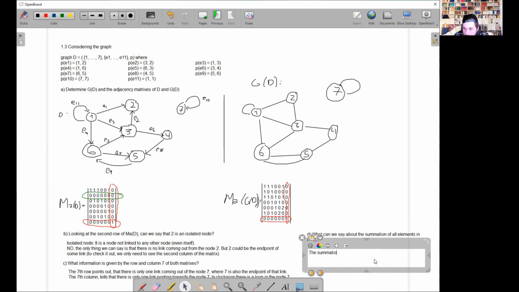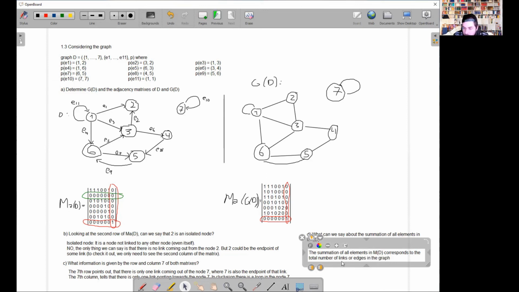The summation of all elements in the matrix corresponds to the total number of links or edges in the graph.